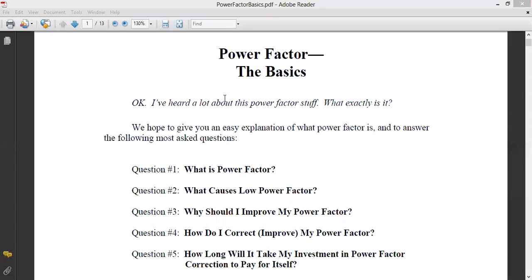In the same semester, it was also read that when you take the cosine of the angle between the voltage and the current, this is called the power factor.